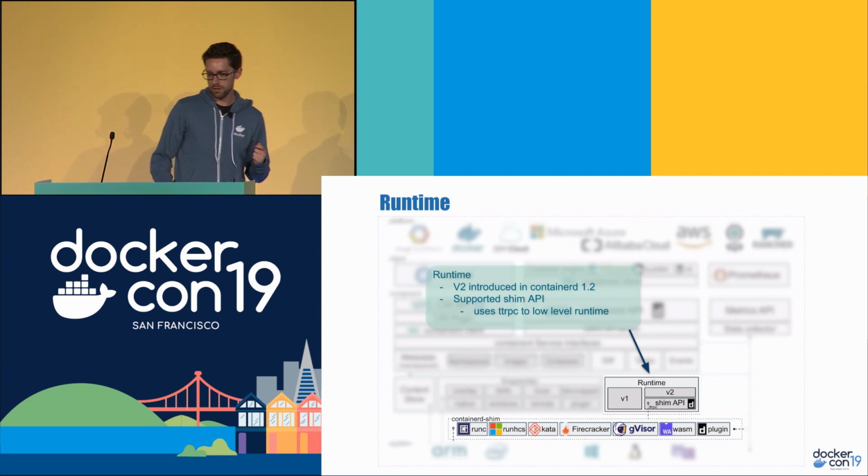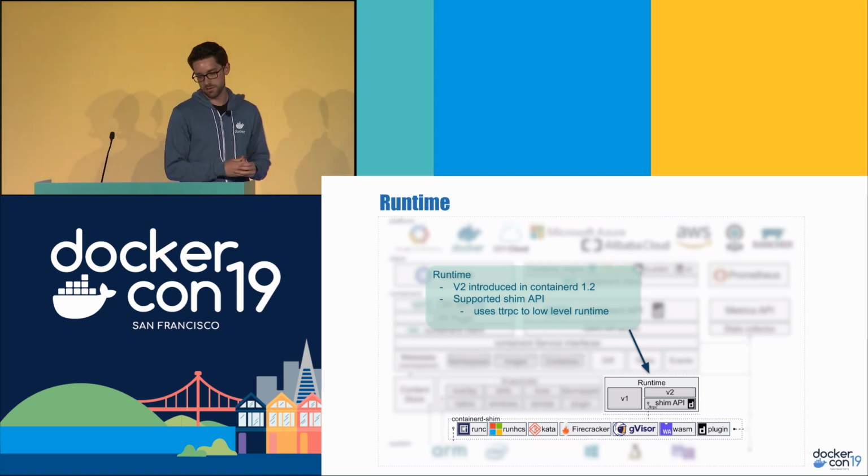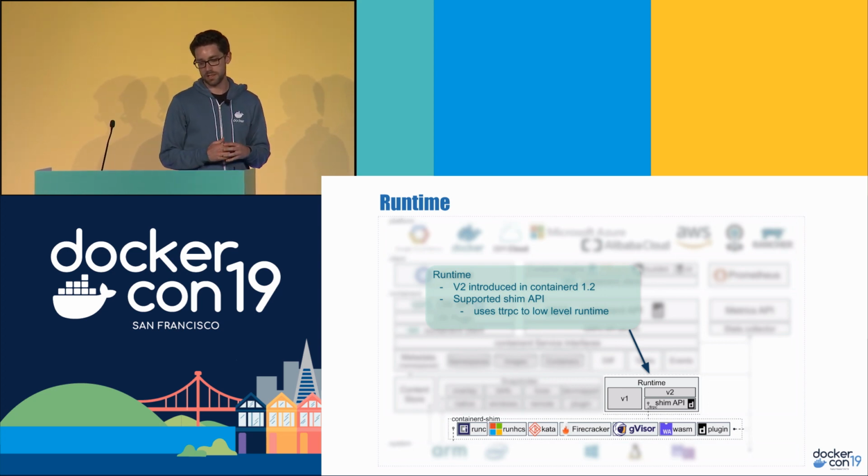And lower down, we also have the runtime. In 1.2, this is when we released our V2 runtime, and we stabilized our Shim API. When I mentioned earlier having first-class support for VM runtimes, you can see how we have all these different implementations of runtimes underneath containerd.